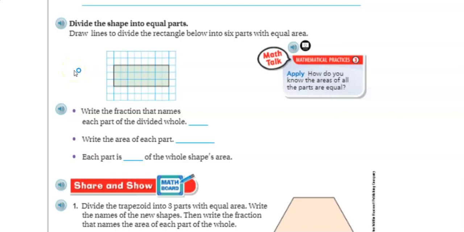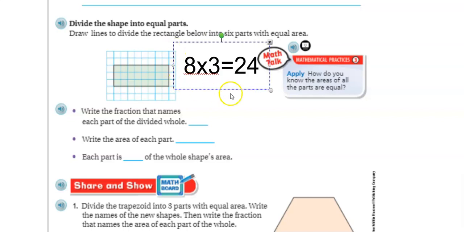So maybe that might help. So if we go 1, 2, 3, 4, 5, 6, 7, 8, 8 times 3 is 24. So let's just mark that down. So we've got 8 times 3 equals 24.